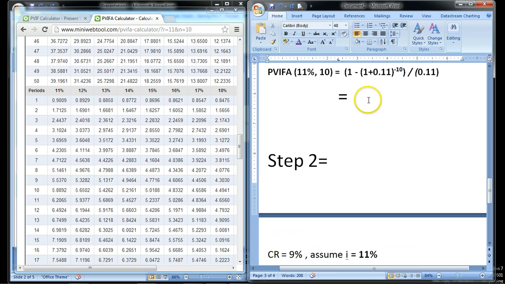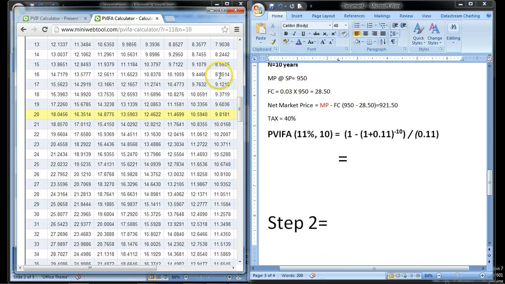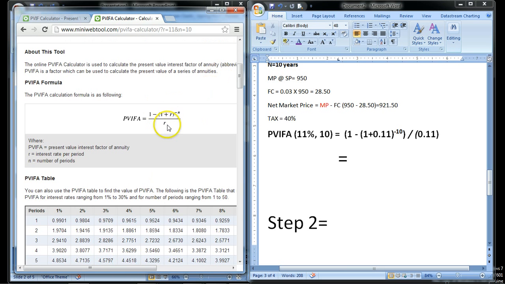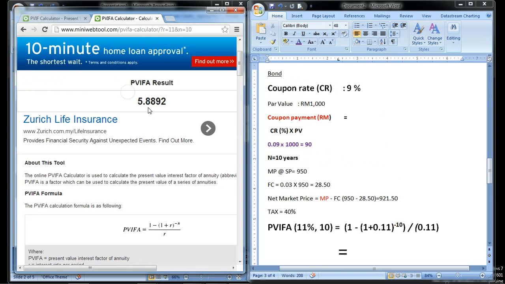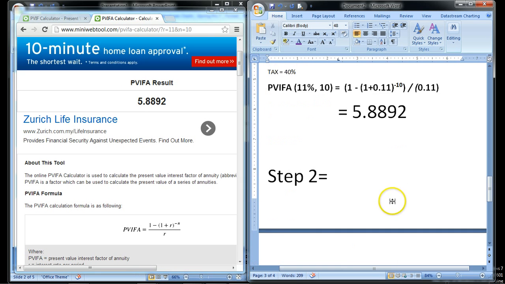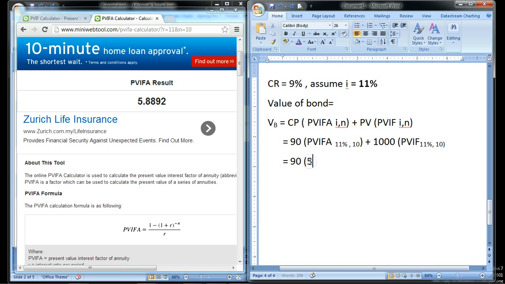So come calculate with me. 1 minus 1 plus 0.11 power of negative 10, divide by 0.11. I use this formula. Now you will get the same answer, 5.8892.